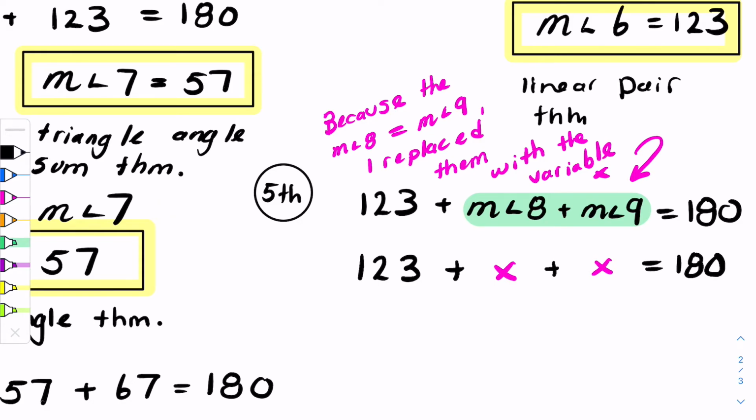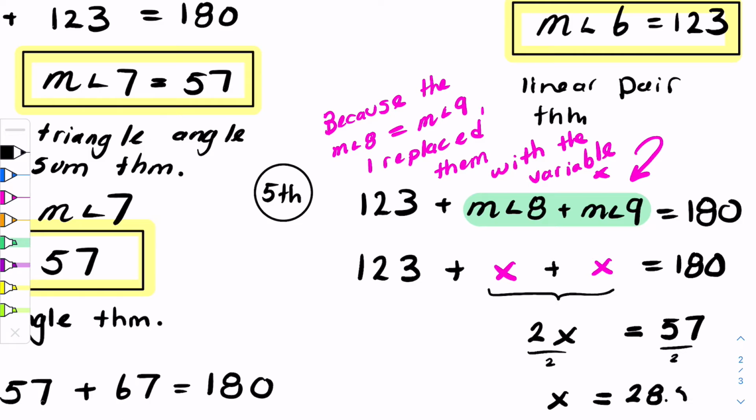I'm going to subtract 123 from both sides, and I'm also going to rewrite this as 2x is equal to 57. I divide both sides by 2, and x is equal to 28.5.